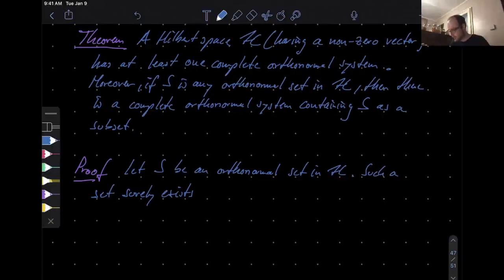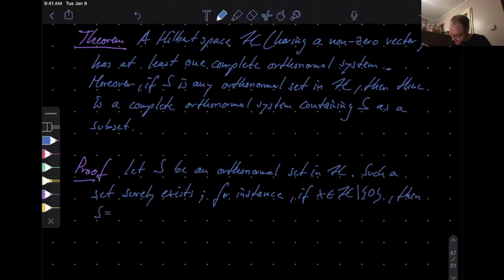So the easiest orthonormal set that you can construct is, by the way, the same that we used in the proof of the Cauchy-Schwarz inequality. For instance, if X is that one non-zero vector, then taking X and normalizing it, that is an orthonormal set. Okay, so there's at least one orthonormal set.